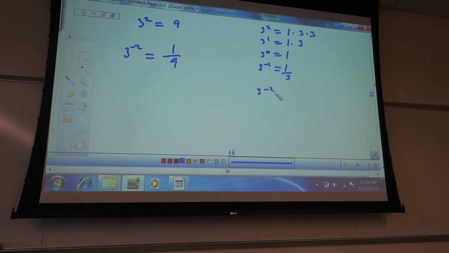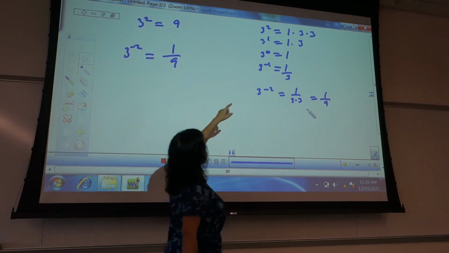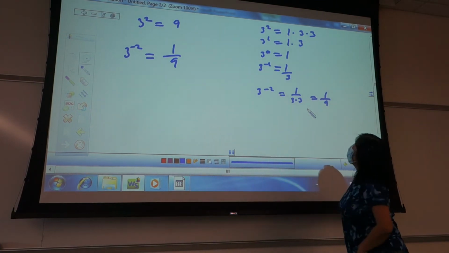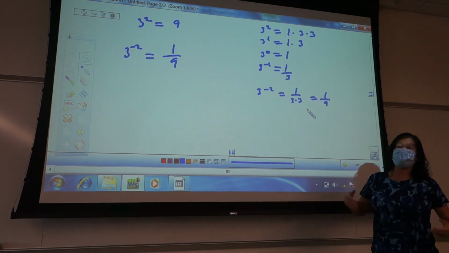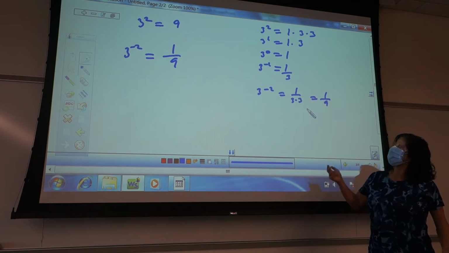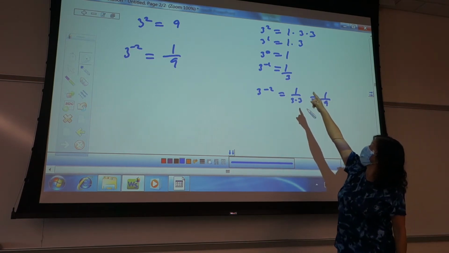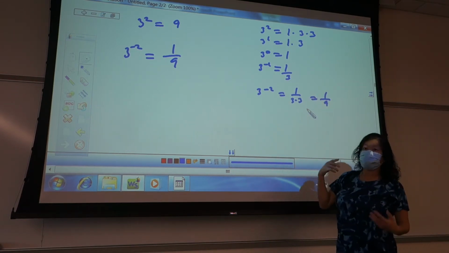3 to the negative 2 is 1 over 3 times 3, with 1 over on the bottom. I've never understood this, when you get down to these negatives. Well, 3 to the second power means you multiply by 2 3s. 3 to the 1 means you take 1 and multiply by 1 3.